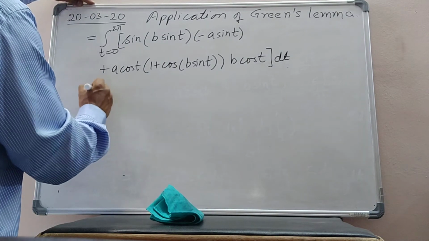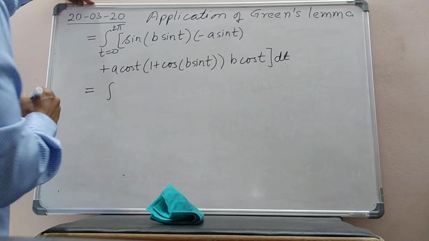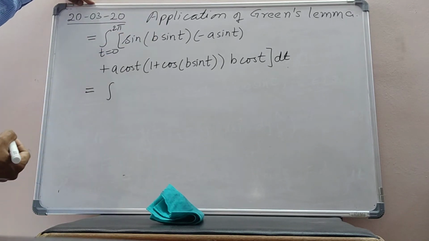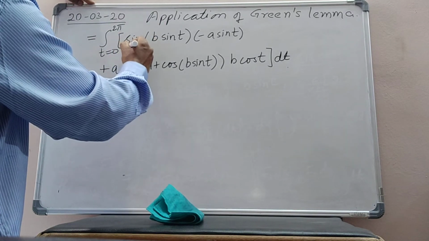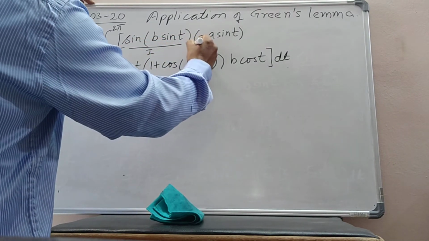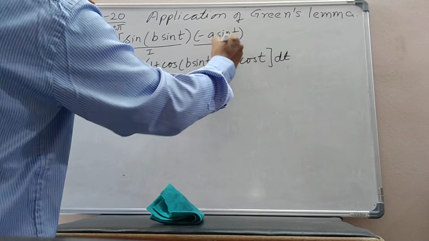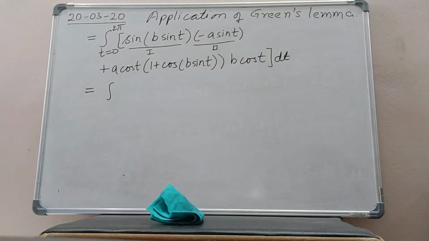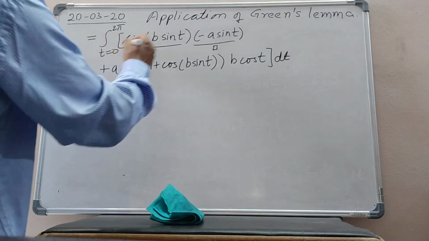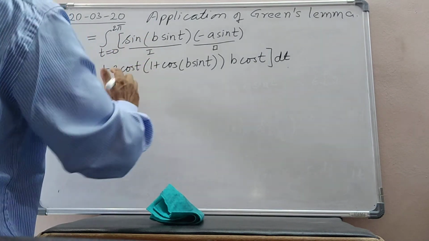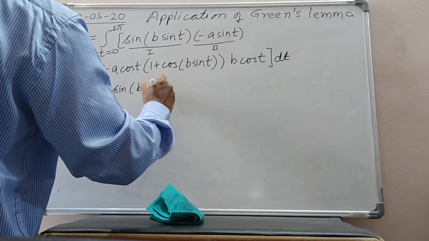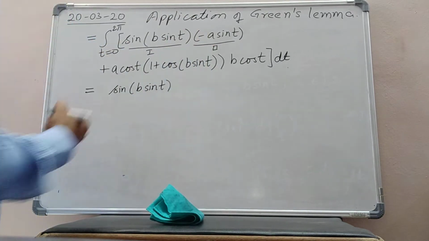This is equal to integration from 0 to 2 pi. Alright, so let me do integration by parts directly. I will choose this to be the first function and this to be the second function. So first function, into the integral of this.